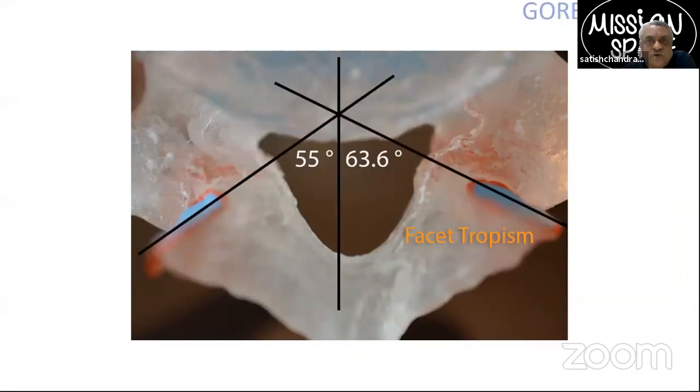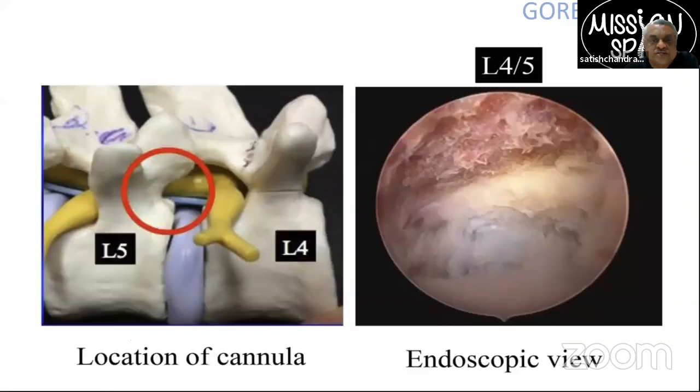Okay, so there is one more change here, which is that the facet commonly is at this angle, 45 degrees. It is not necessarily so in all the patients. So the angle change, that is the facet being more vertical or more horizontal, will also make a difference to the compression.